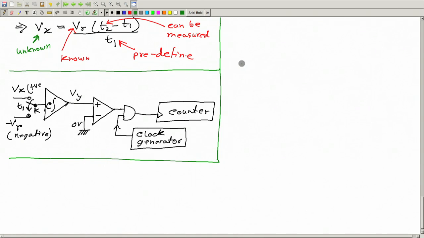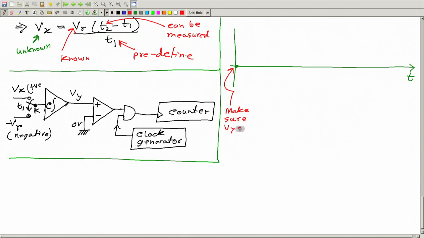Okay. So this is say time, and Vy will start from 0. So I write this, make sure Vy is equal to 0 at time equal to 0.